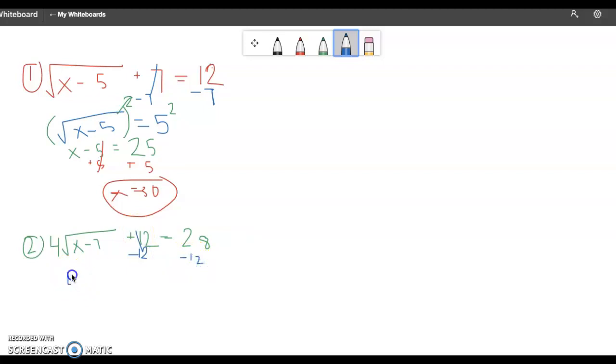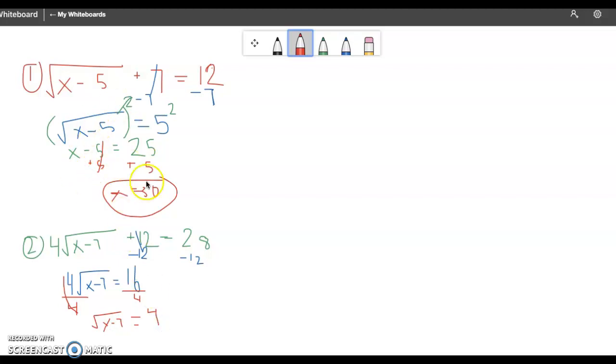And we're going to be left with 4 times the radical of x minus 7 is equal to 16. And then we're going to divide by 4 on both sides, since this is saying 4 times the radical of x minus 7. And then we are left with the square root of x minus 7 equals 4.